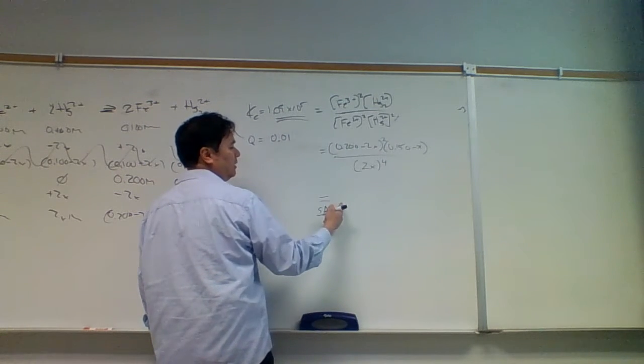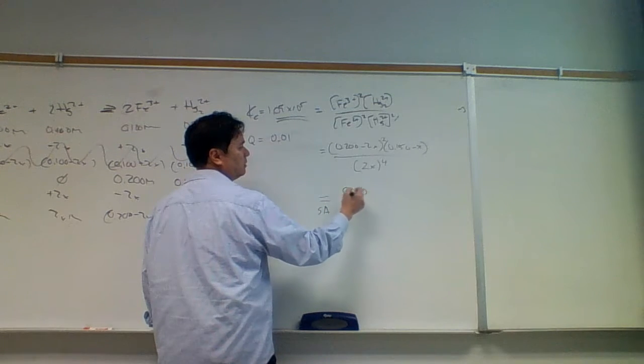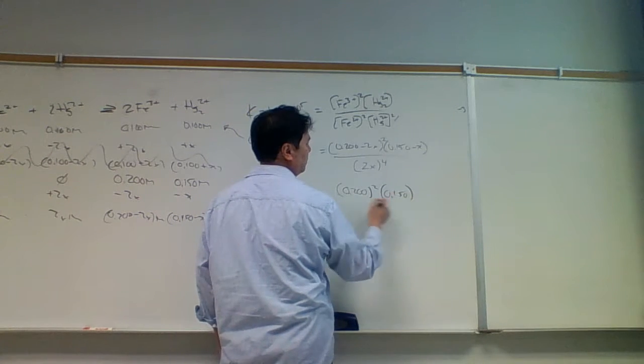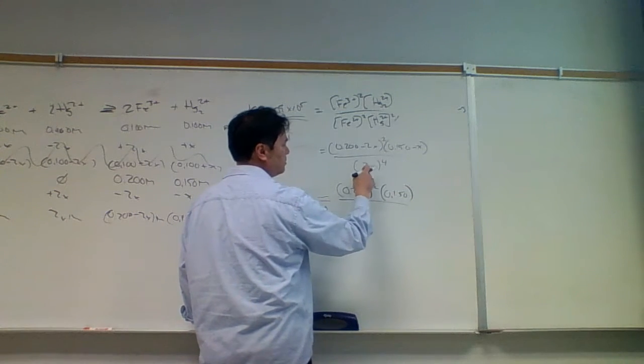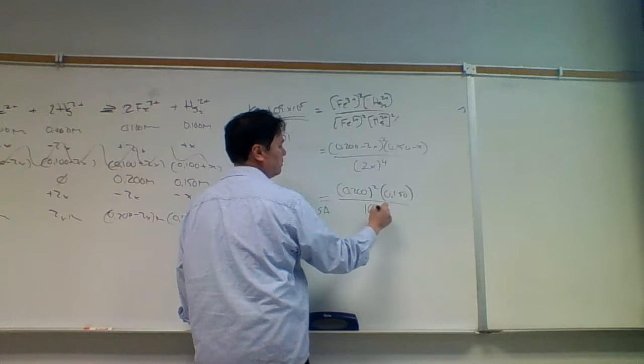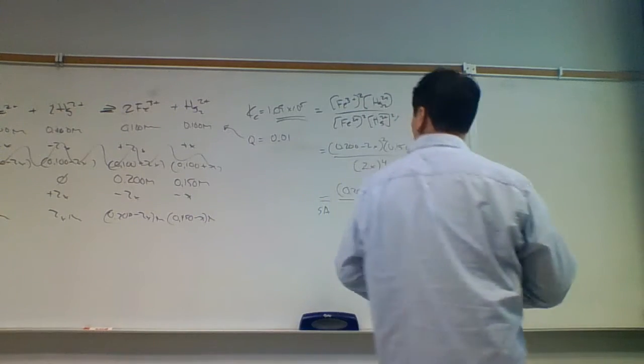Then what? If we try the simplifying assumption, this is going to be 0.200 squared, 0.150, over 2 times 2 is 4 times 2 is 8 times 2 is 16. 16x is 4. And then solve for x here.